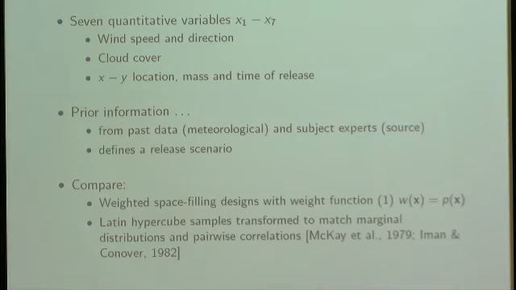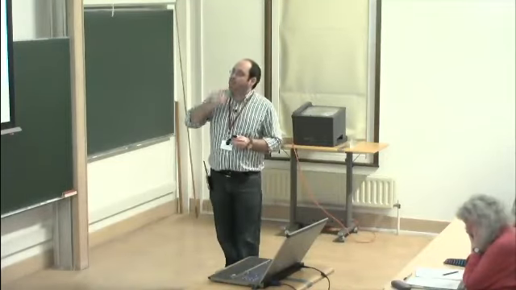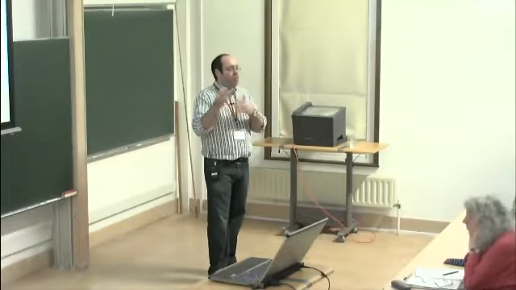And we've got this prior information from which we can construct our weight function, which is based on past data for the meteorology and essentially opinions from subject experts on the scenario they're interested in for the source. And when we combine that, we get this that essentially defines for us a release scenario. The way we actually construct these weight functions typically has to be empirically, because we don't have closed forms of these things.